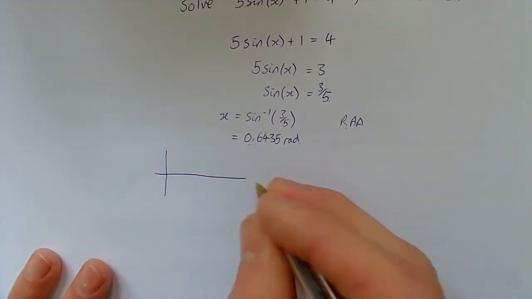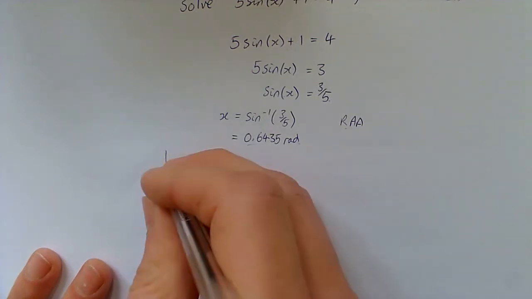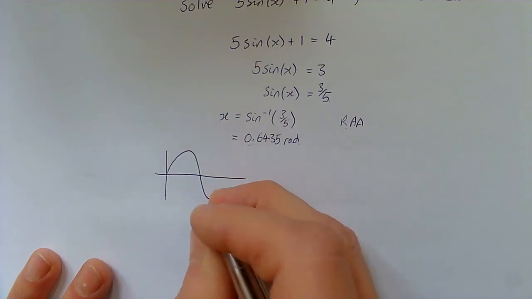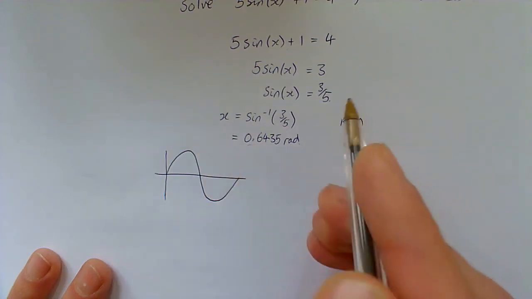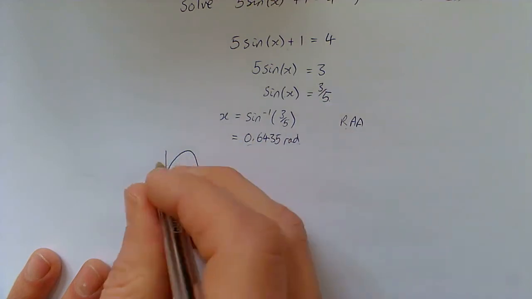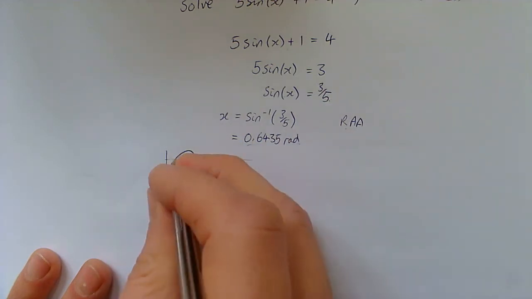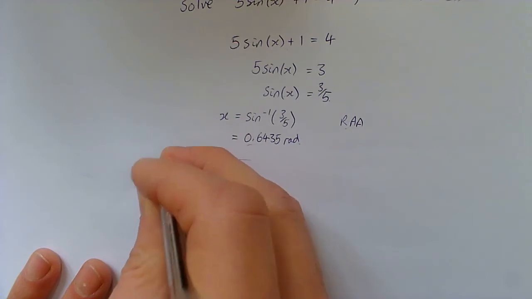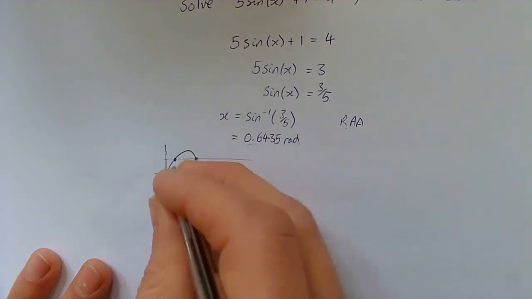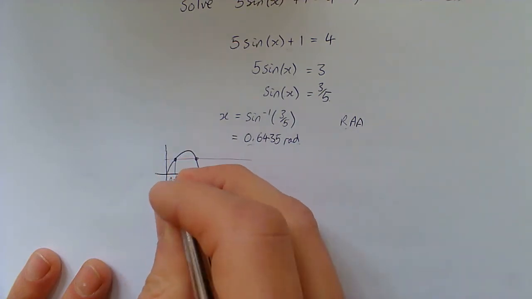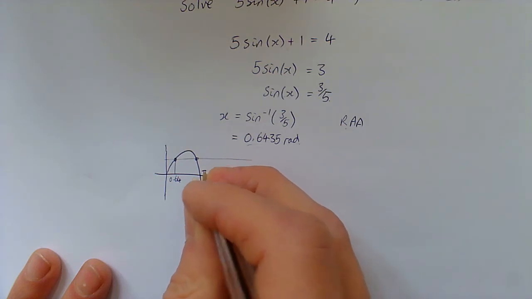Graph approach. On my graph approach, I want a nice sine graph. And we're talking about 3/5 or 0.6. So that's about there, say. So there's my two angles. The first one I've got here is 0.64 radians. The middle here is pi.